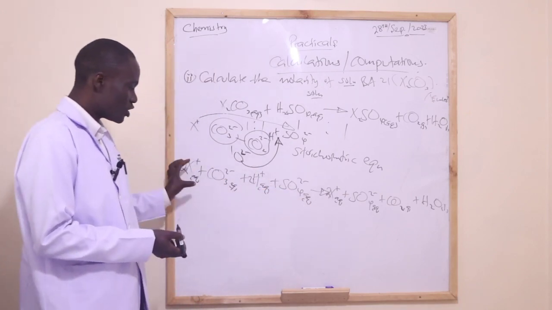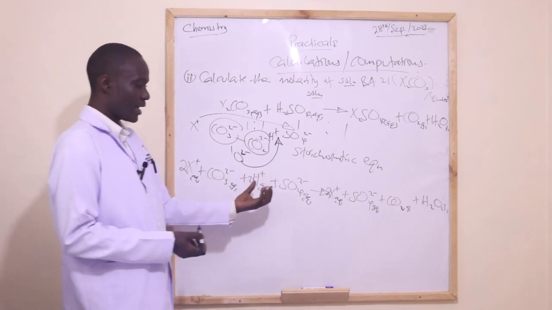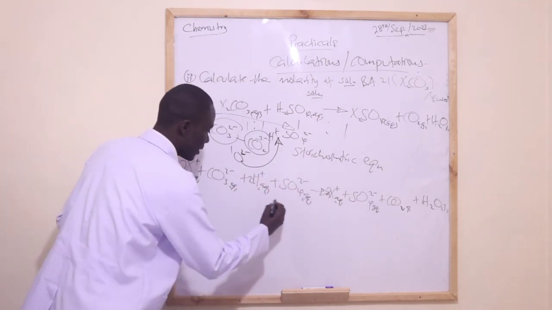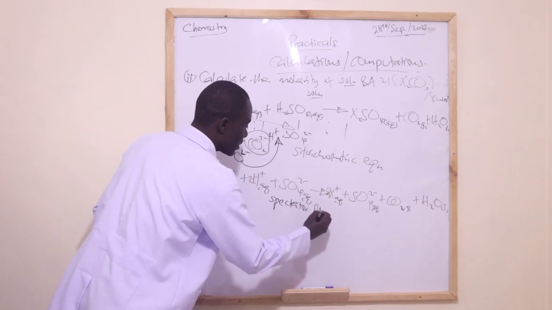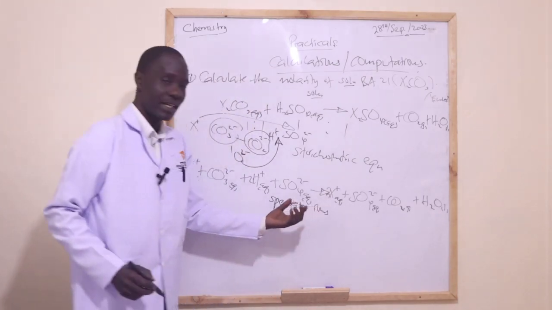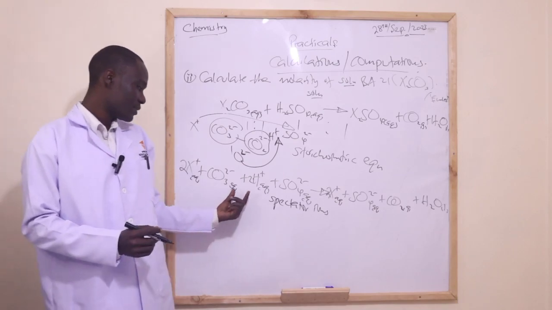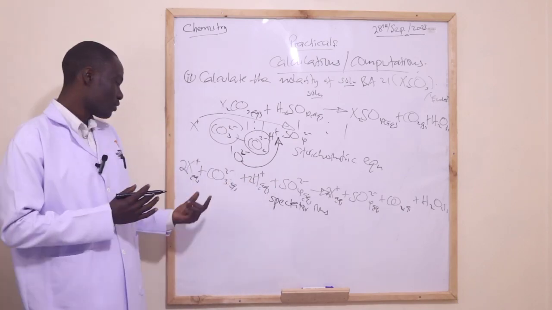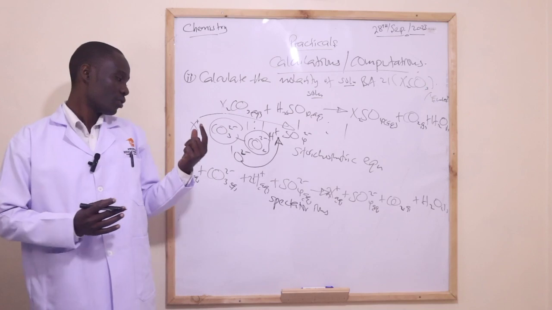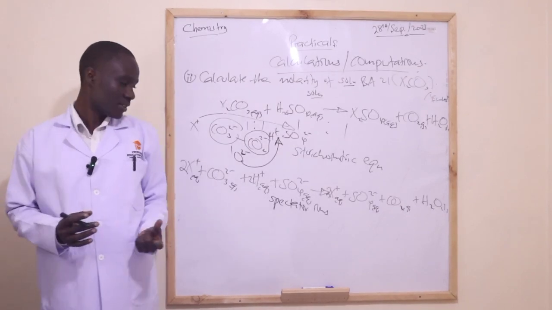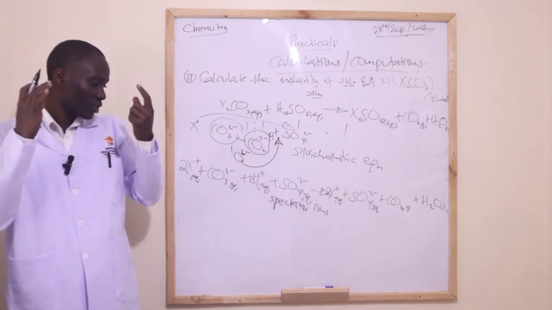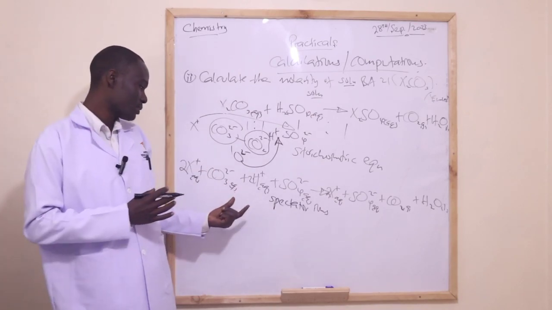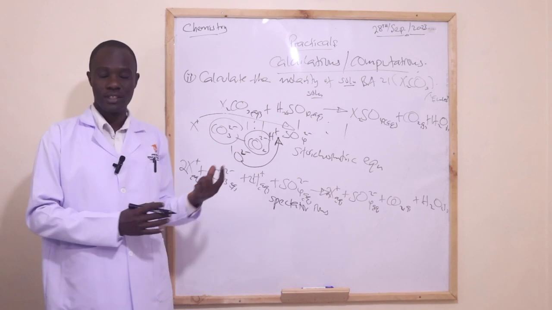So from this point you need to identify what we call the spectator ions. Spectator ions are ions that have got similar or the same ionic charges. For ions to be spectator ions, number one, they must have similar or the same ionic charges.